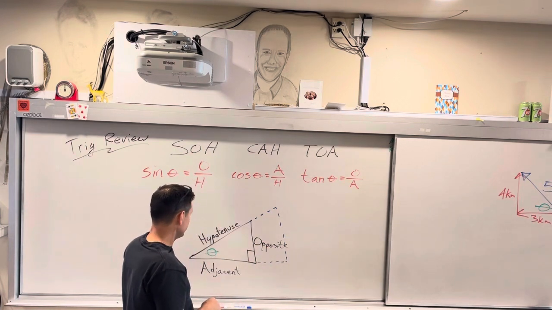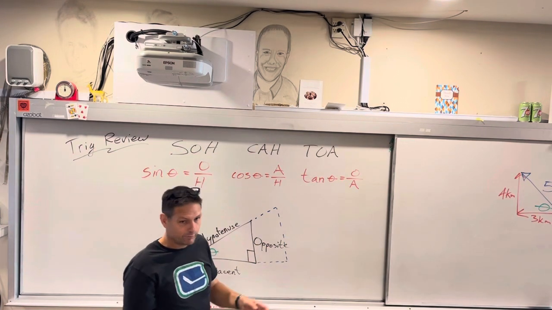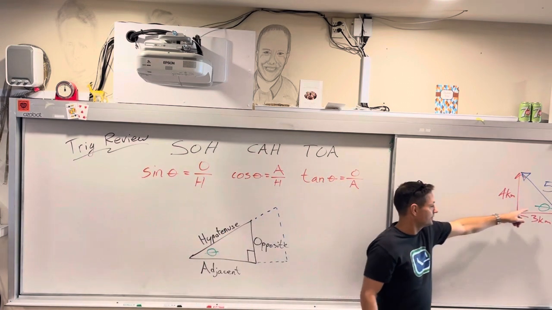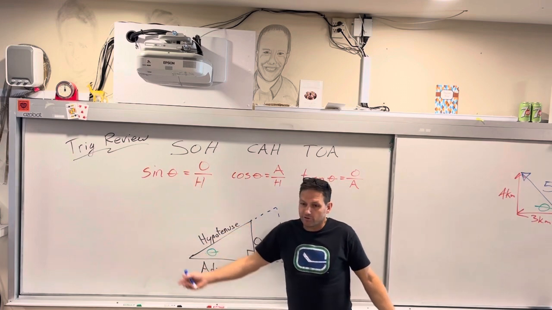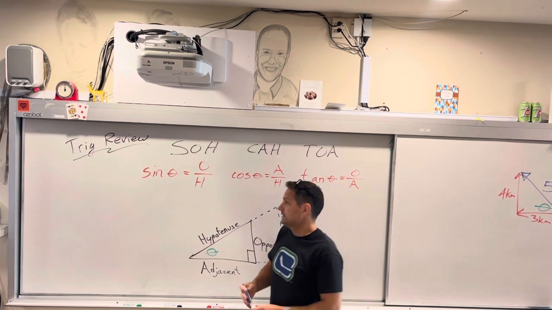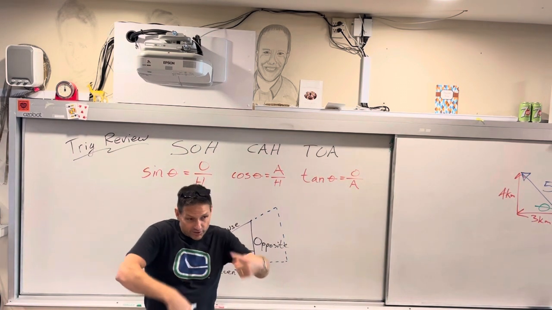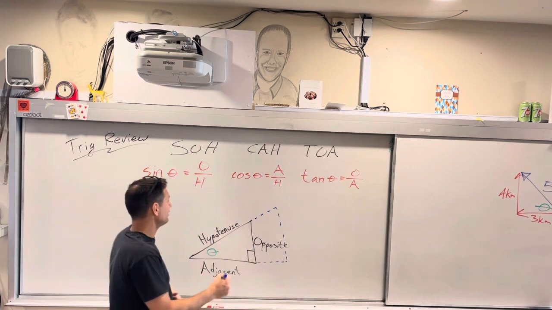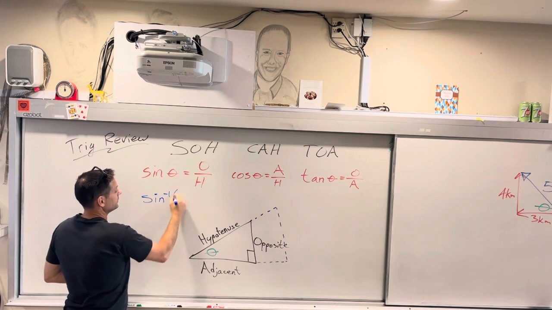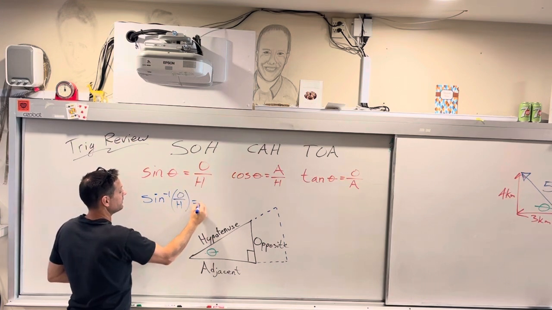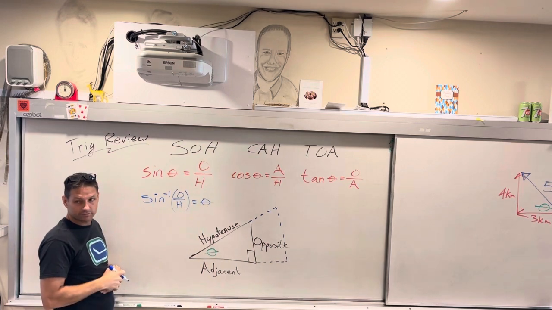Okay, that's fine, Mr. Espenhain, but we need the angle. So I can't plug the angle in here because I don't know the angle yet. So the reverse, if you're looking for the angle, you do the inverse sine of O over H, opposite over hypotenuse, and that will give you the angle.